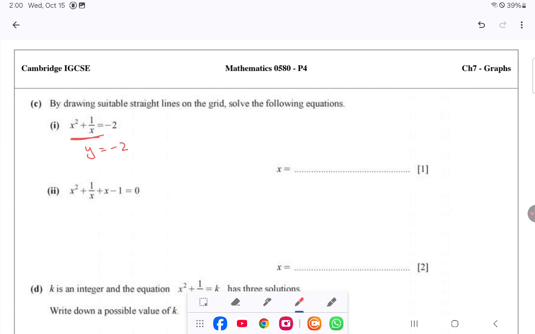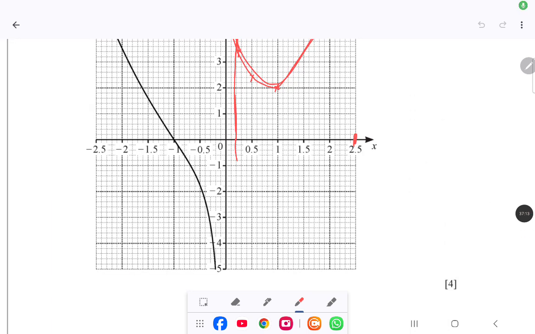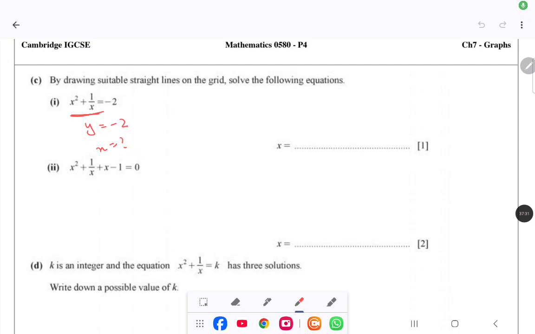So we have to go to the graph. By going through the graph, we know that on negative 2, this is the line cutting right here, which is 0.5. So on negative 2, x will give you this 0.5. This is our answer. So now here x is equals to 0.5 on y is equals to negative of 2.